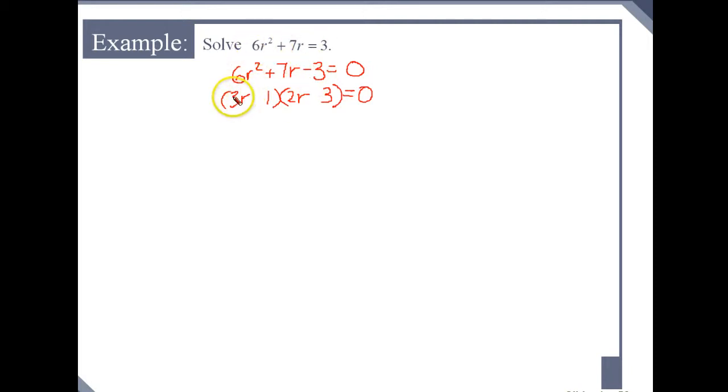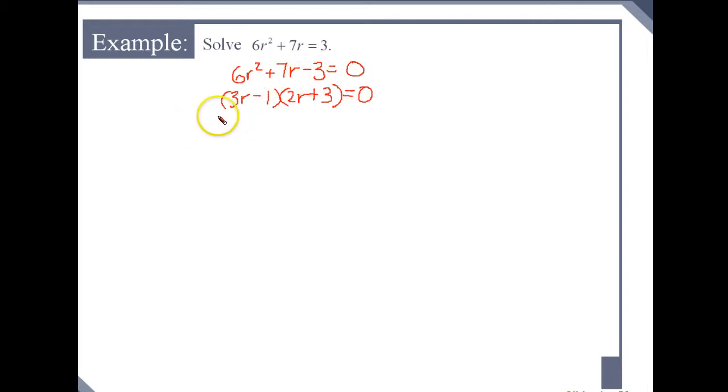So I figured it was a 3 and a 2, and I'm going to have a 3 and a 1 here for this. So when I do my outers, that's 9. When I do my inners, that's 2, and the difference will be a 7. So I need a positive 9 and a negative 2 to add up, and if I FOIL this, it now gives me that. Again, there's a lot of math going on here.